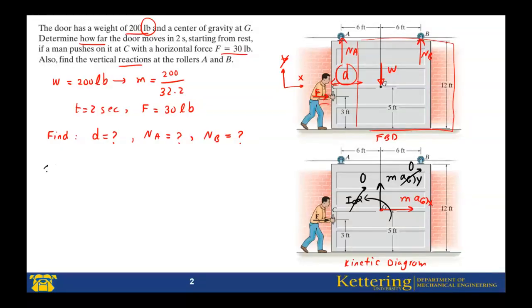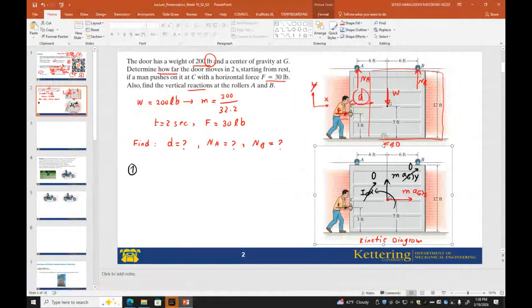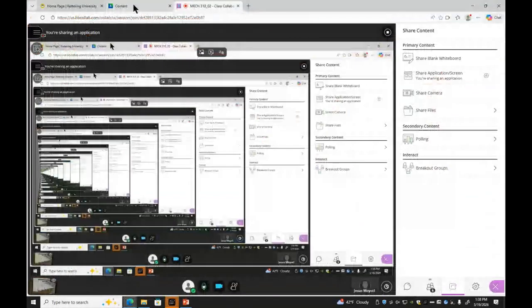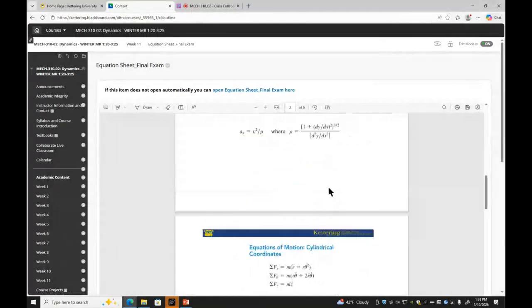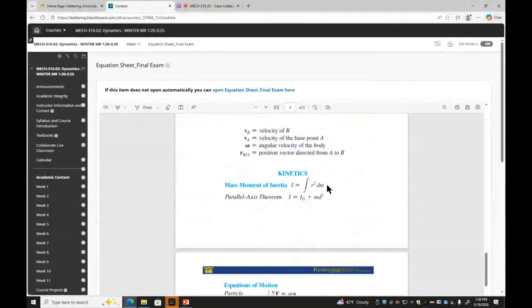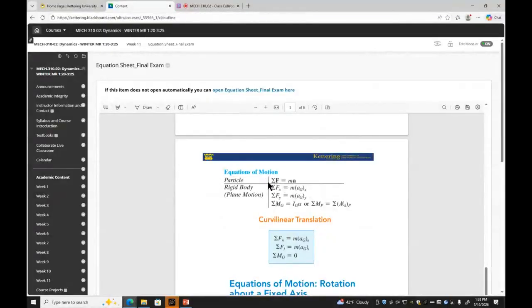Then, first, we want to use the equations of motion. What equations of motion? If you refer to week 11, I shared the equation sheet. I will use these equations.